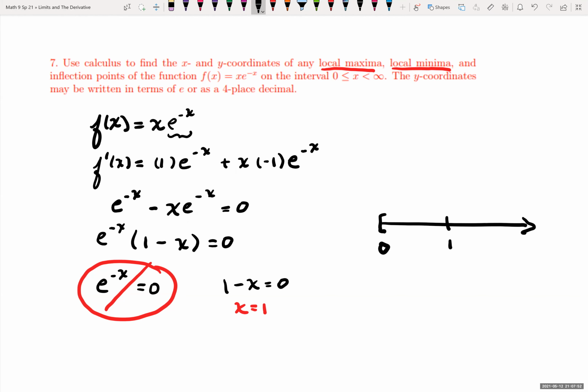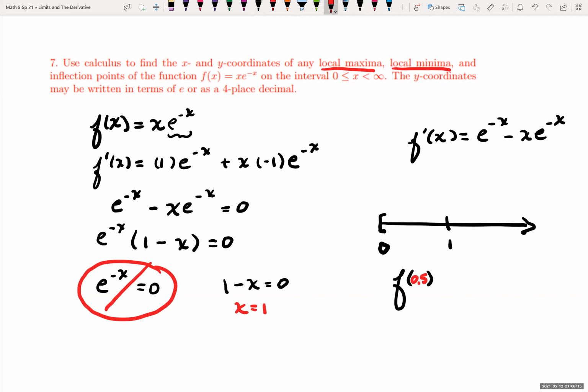So we plug into our derivative, which was e to the negative x minus x e to the negative x, a number between 0 and 1, so how about 0.5?